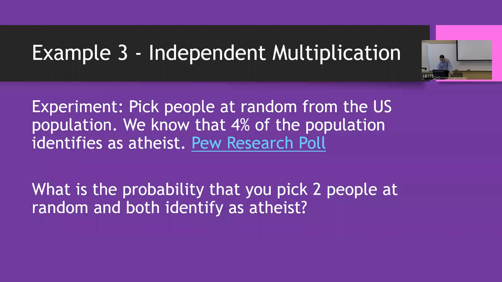But if you have really high numbers of things, like you're picking out of the US population, then that 4% number is going to change in such an insignificant amount that we can assume it's still 4% on the second pick, and on the third pick, and on the fourth pick. Does that make sense?